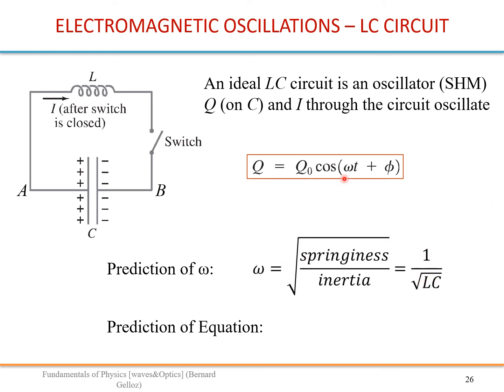You've seen using the equations before that inertia was L and the springiness was 1 divided by C. So using this, you get this for your frequency. I use frequency also for omega. It is typical in the field, instead of saying angular speed, to just call that the frequency.